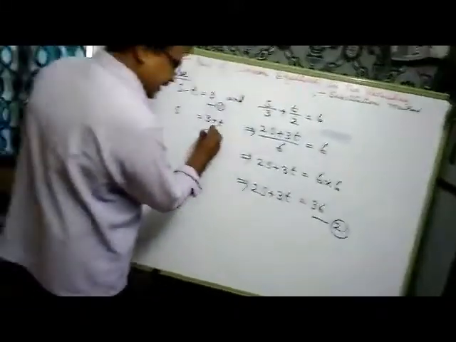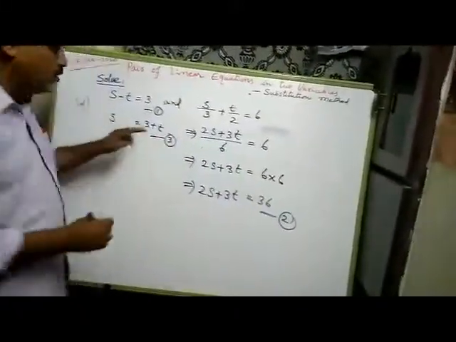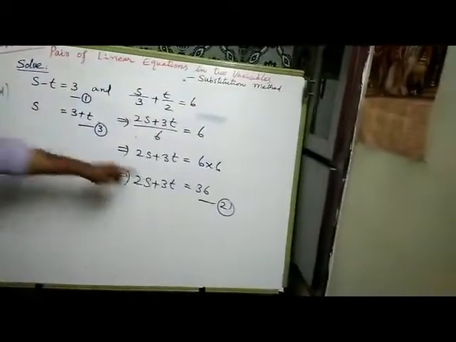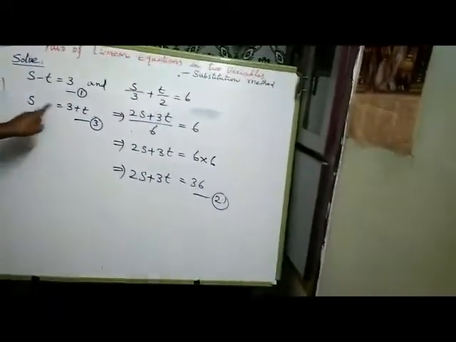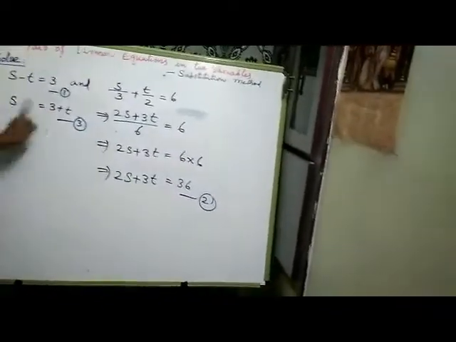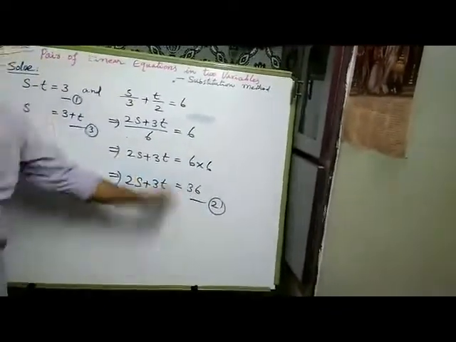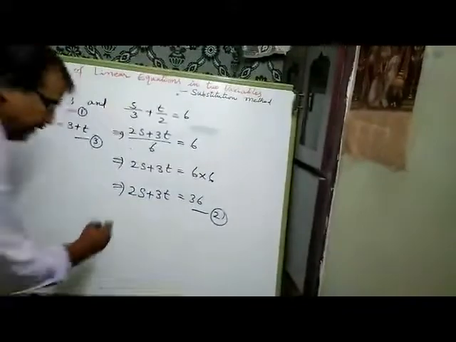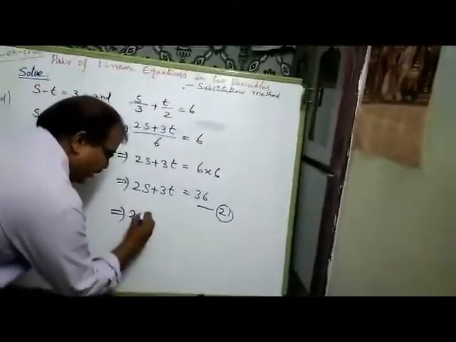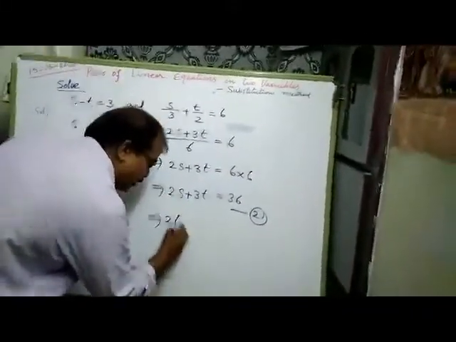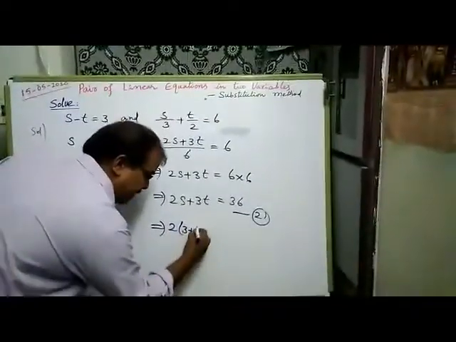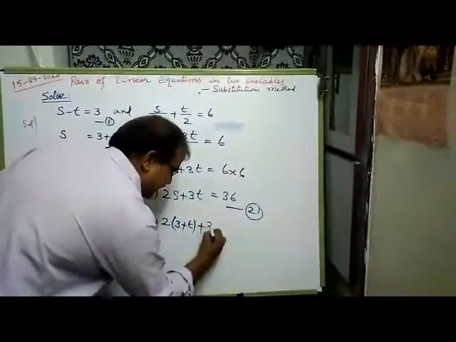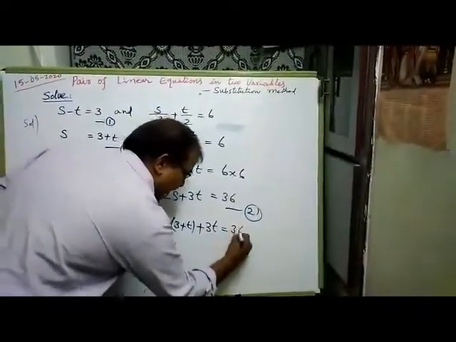This is equation 3, s is equal to 3 plus t. Substitute equation 3 in equation 2. That is nothing but substituting s is equal to 3 plus t in equation 2. That implies 2 into s, and s is nothing but 3 plus t, plus 3t is equal to 36.